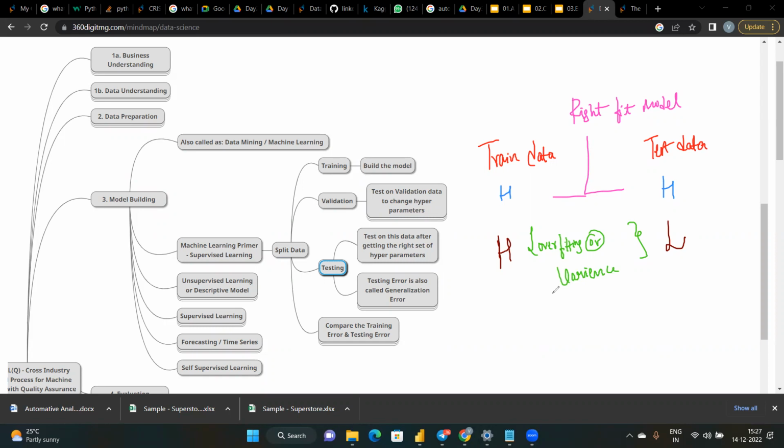Overfitting is the production of an analysis that corresponds too closely or exactly to a particular set of data. Why does overfitting occur, guys? Because when train data is high and test data is low, we are going to get overfitting or variance.